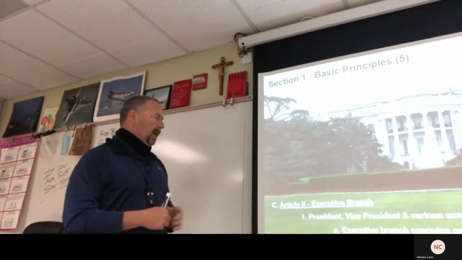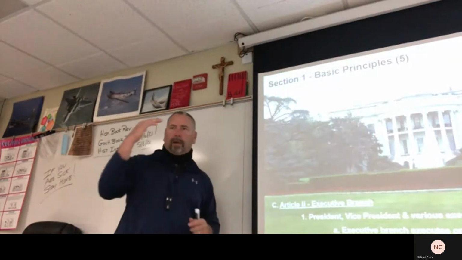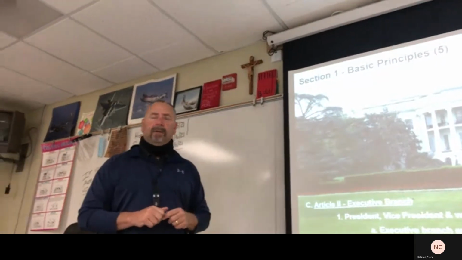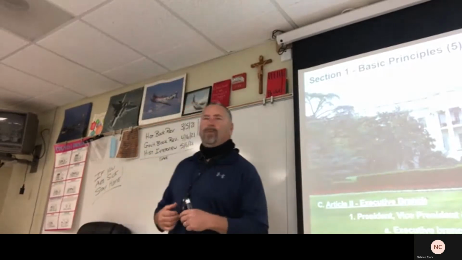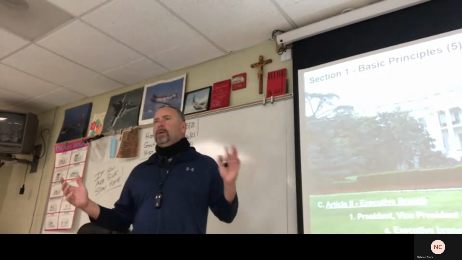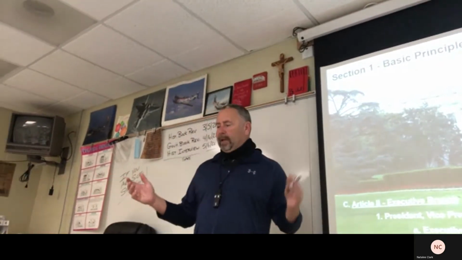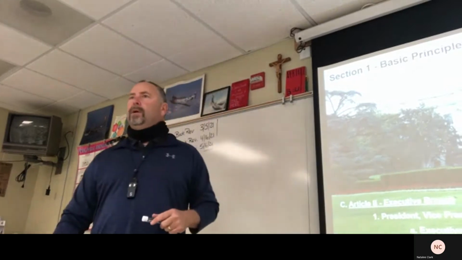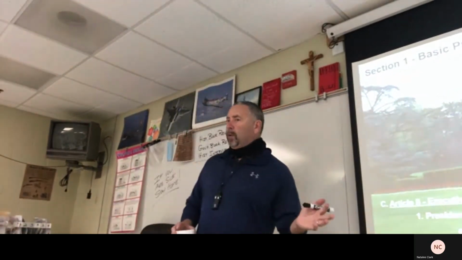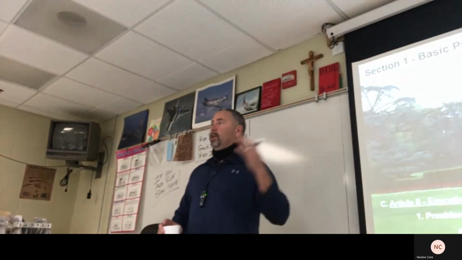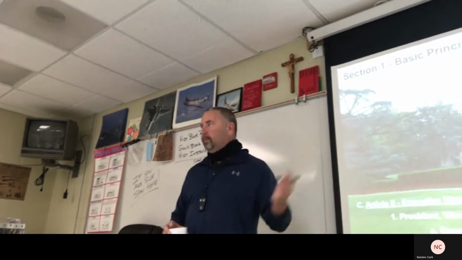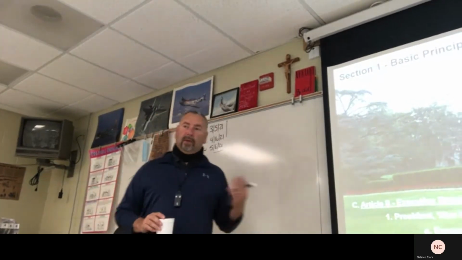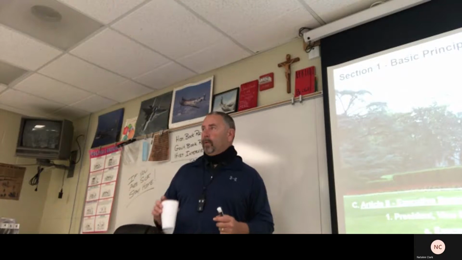So when we look at the makeup of this body, obviously the president's at the top, okay? You've got the vice president, who really has no power. Their main role is to be there in case something happens to the president. Now, some vice presidents have more power because the president chooses to let them do some stuff, and in some cases, they don't want them to do anything.